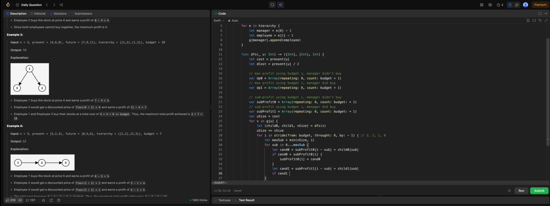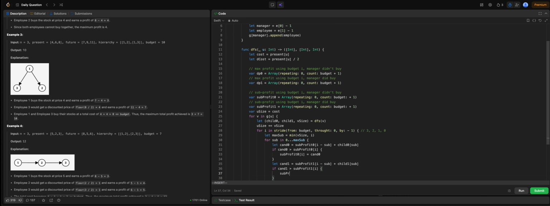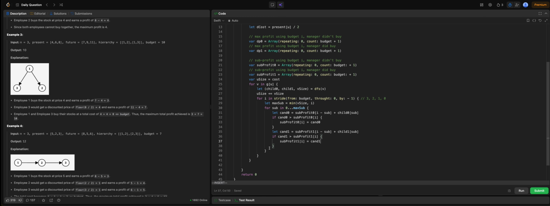If our candidate 1 profit is better than the sub profit of 1 index, I'm going to update the sub profit of 1 with the index and then candidate 1. Yep, that's pretty much done for updating our sub profits.